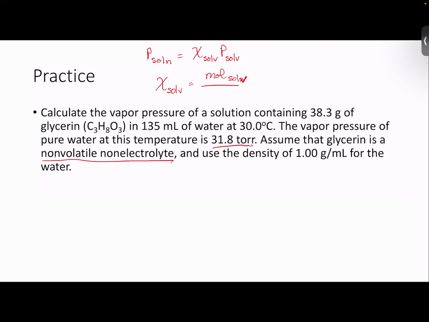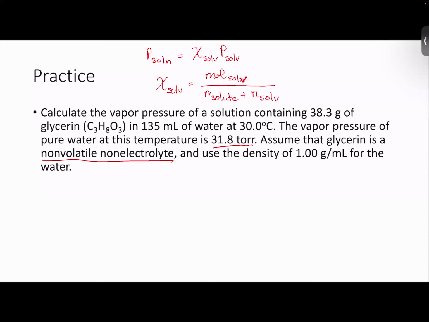Solvent divided by the moles of the solute plus the moles of the solvent. So I'm going to need to know the moles of the solute and solvent if I'm going to get the mole fraction.